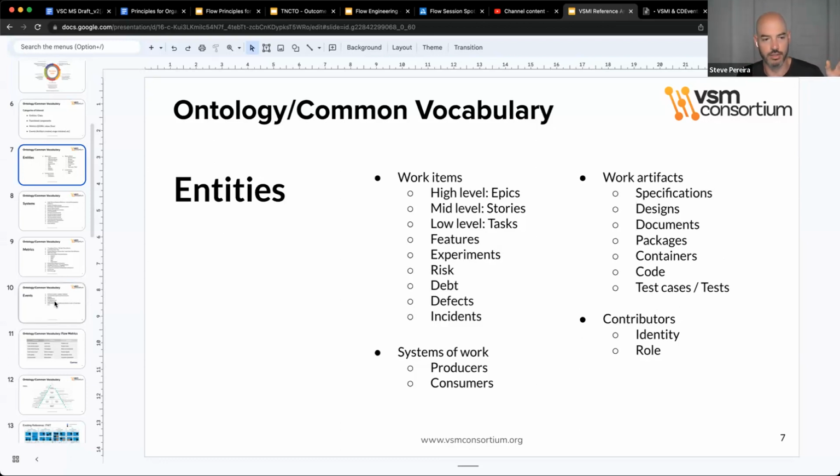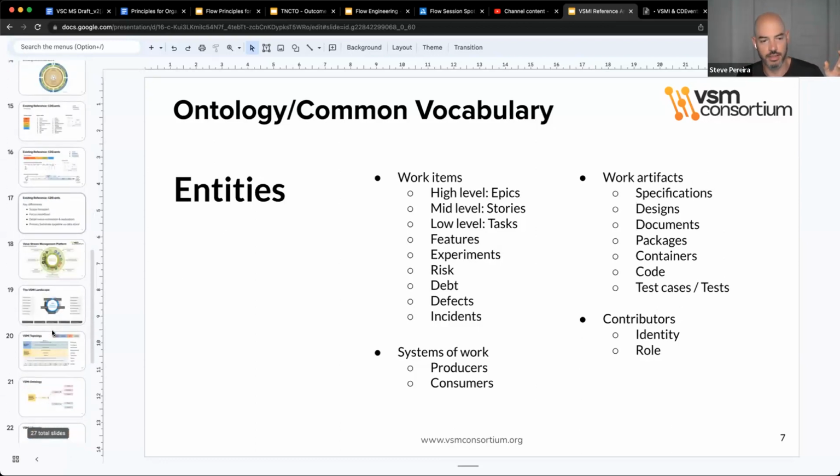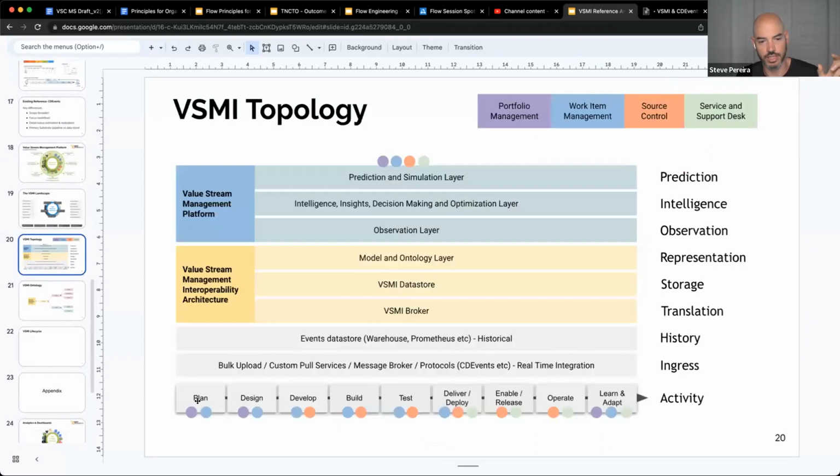But what's interesting to us at this early stage is that the clock starts at plan and we're looking at all of the activity. How many people have to be involved in this? Where does it go? How long does it sit around doing nothing? Does it get broken up?